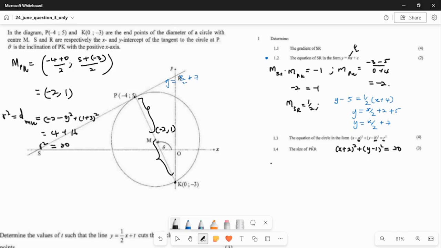Now question number 1.4, determine the size of the angle PKR. There's our R there, PKR. So we are required to find this angle.